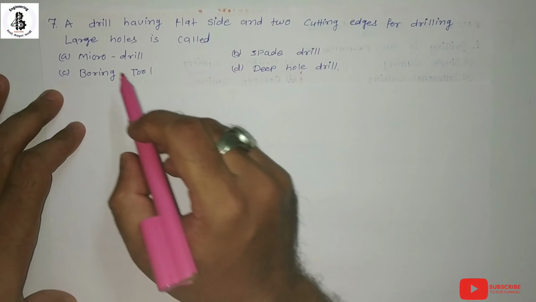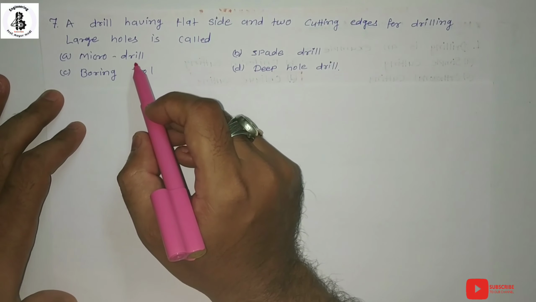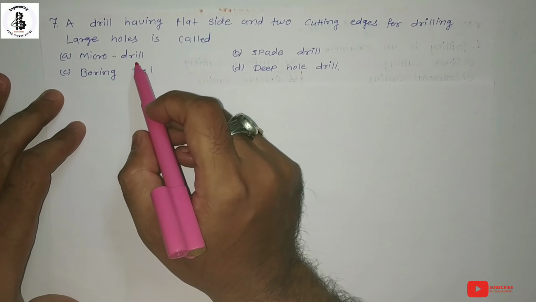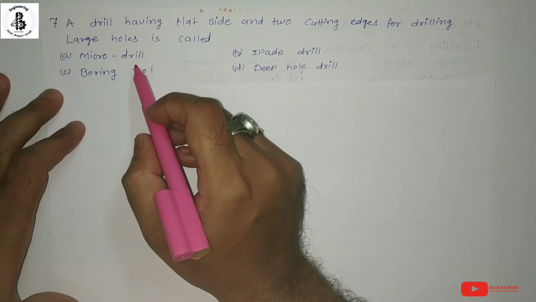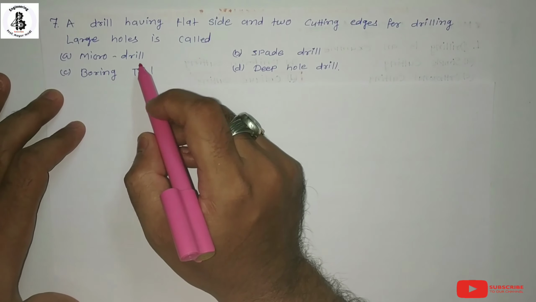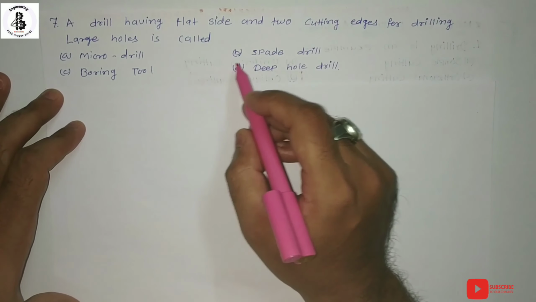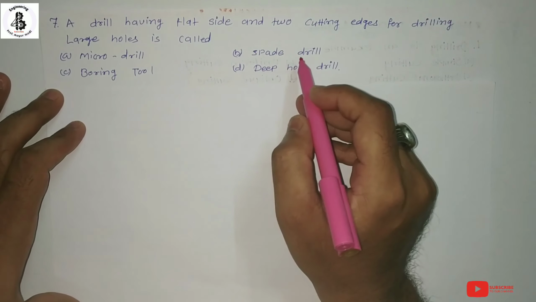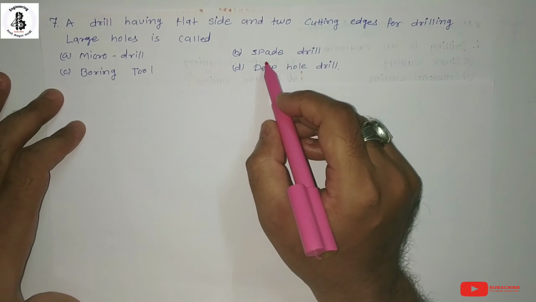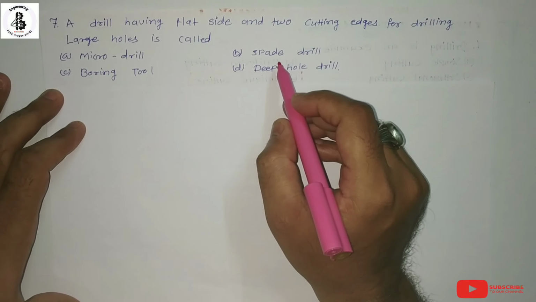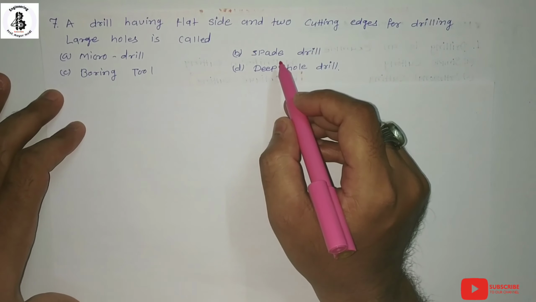So basically micro drills are used for micro holes in the jobs. Option B will be the spade drill. So a spade drill has a flat side as well as two cutting edges for drilling large holes.